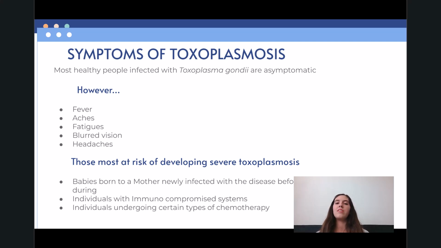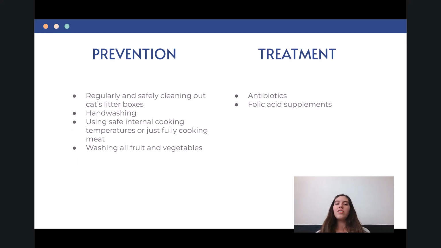So prevention and treatment. Prevention is just regularly and safely cleaning out cats' litter boxes. The CDC usually tells people to wear gloves when cleaning out the cat litter boxes. Also hand washing, using safe internal cooking temperatures, or just fully cooking your meat, especially pork, and then washing all fruit and vegetables before consumption.